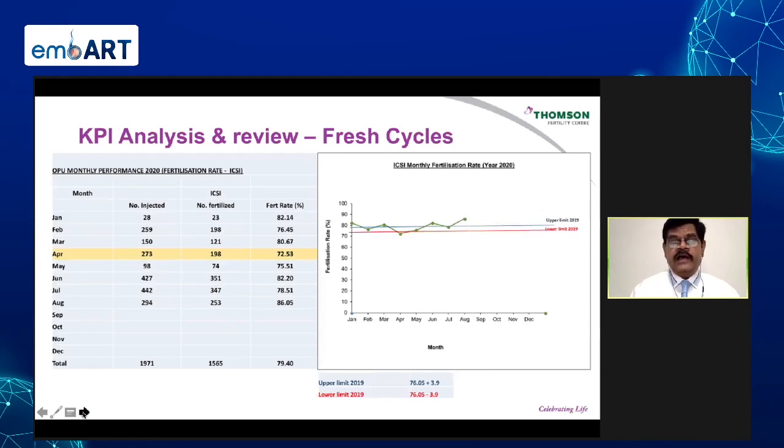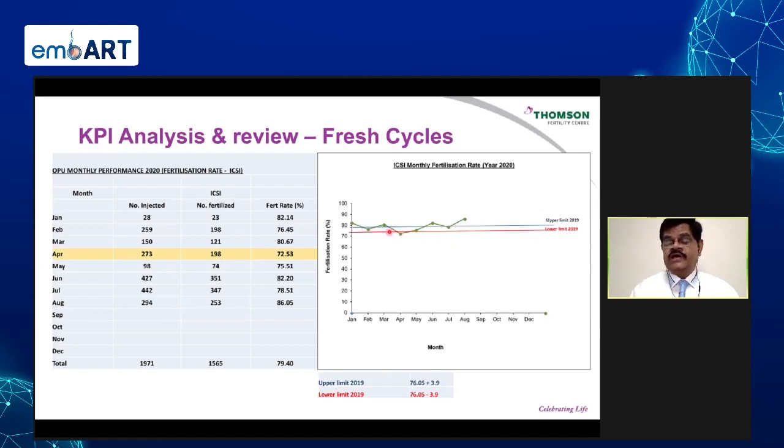So this is a live example from my center for this year. You can see the fertilization rate given for ICSI for every month until August. Some months, actually, are a bit down. If you look at the graph here, the upper limit and lower limit are established from last year's data, and the green line shows what is happening this year.